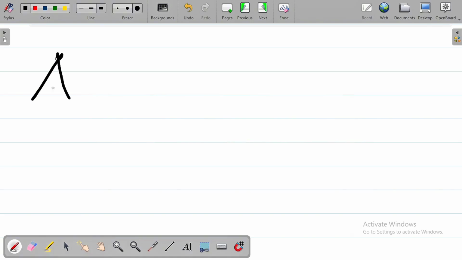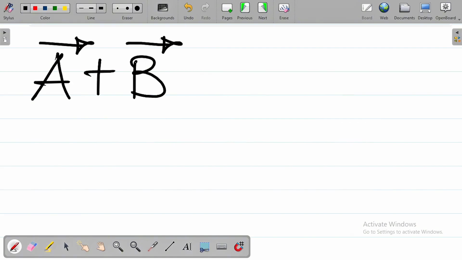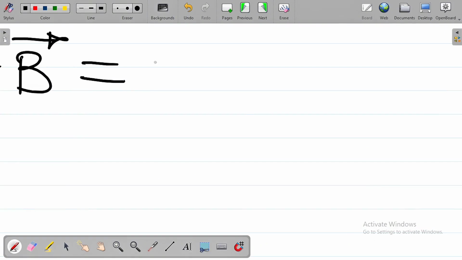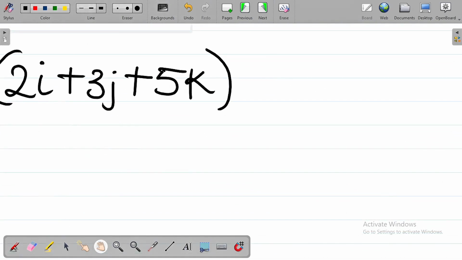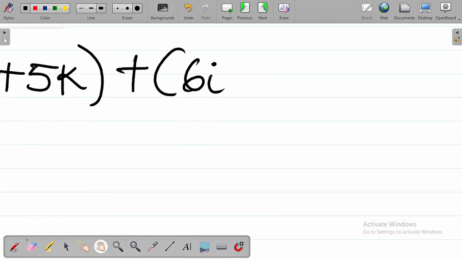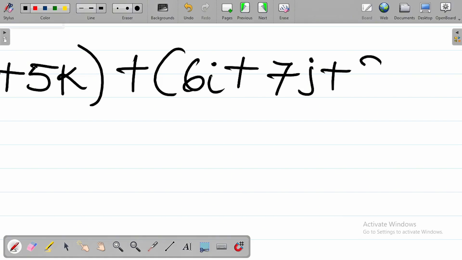We have here vector A plus vector B. It is equal to vector A, which is 2i plus 3j plus 5k, and then plus vector B, which is 6i plus 7j plus 8k.